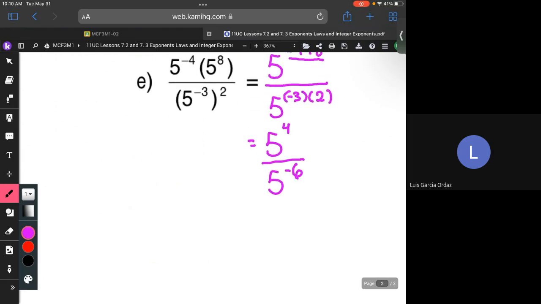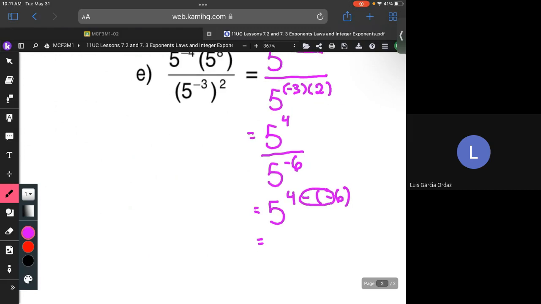So now because we're dividing the exponents with the same base, what do we do with the exponents? This is going to be 5 to the power of 4 minus negative 6. So what's 4 minus negative 6? Yep, so these two basically become addition. So I get 5 to the power of 4 plus 6, which equals 5 to the power of 10.